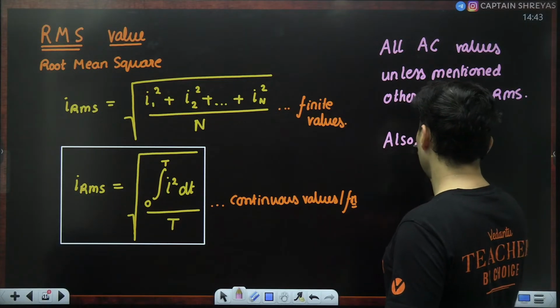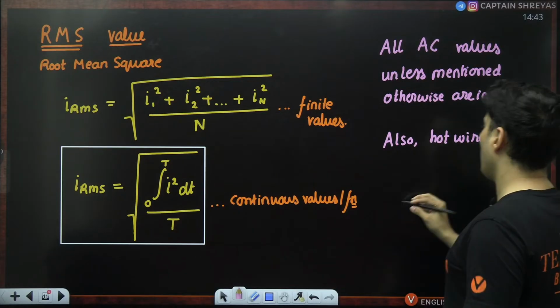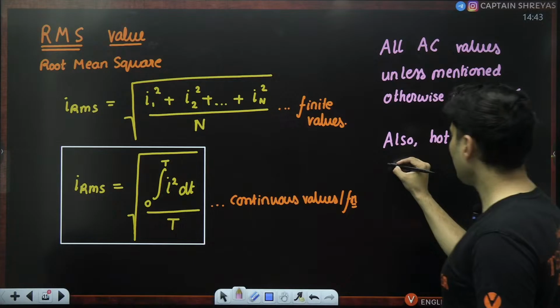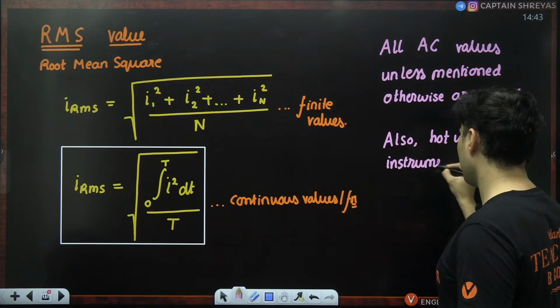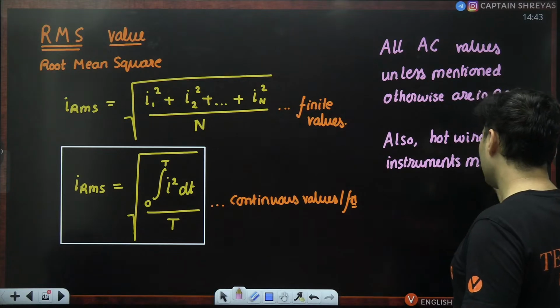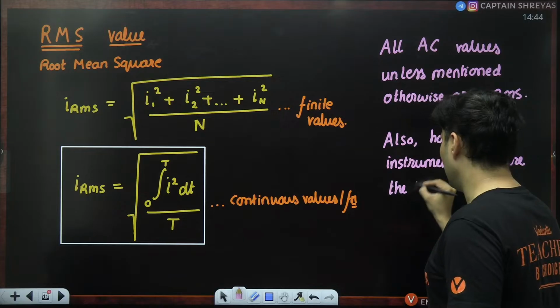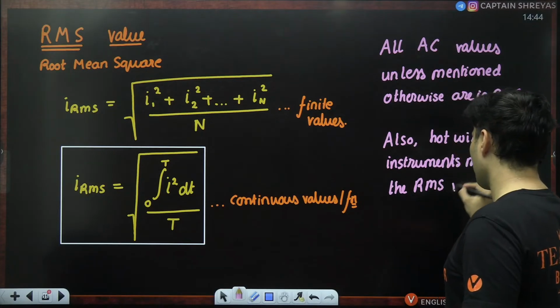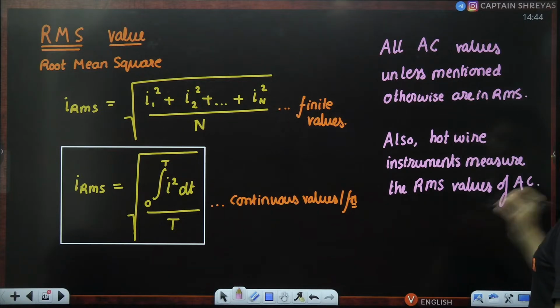Also, you will see hot wire instruments measure the RMS values of your alternating current.